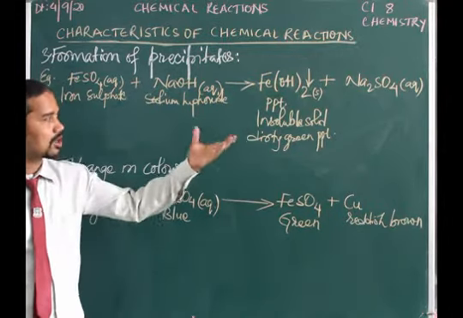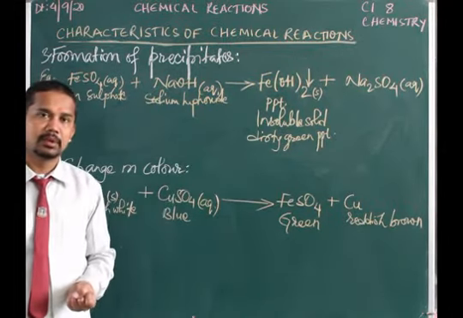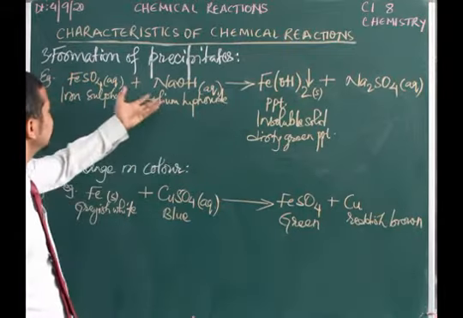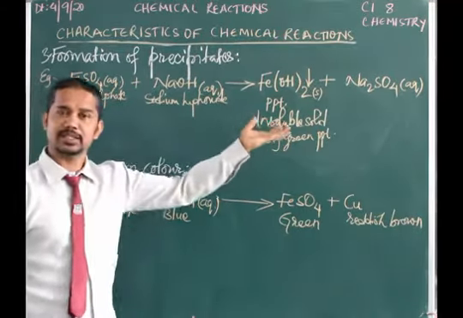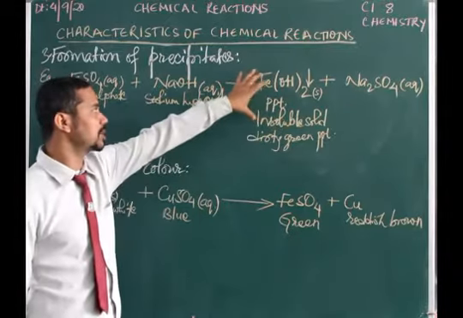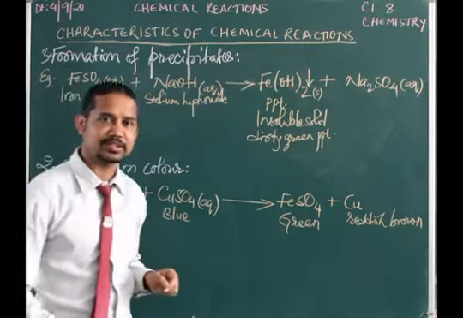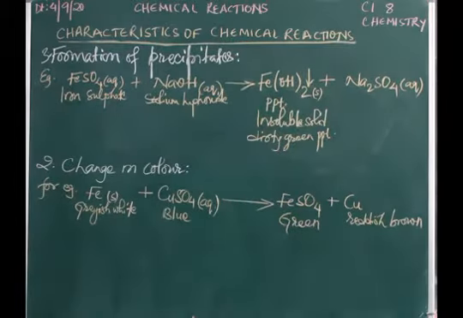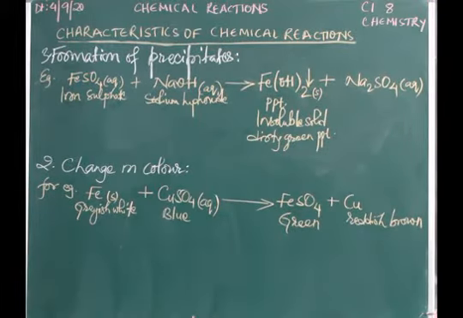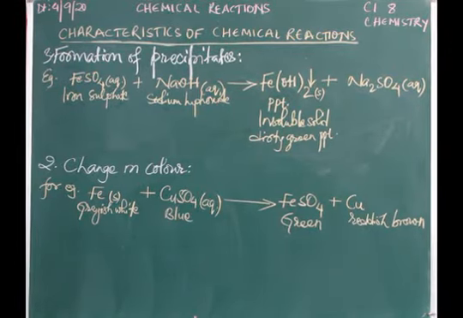A dirty green solid will be formed at the bottom, which was not there. So that means a new substance has been formed. Observing this change, we can be sure that a chemical reaction has taken place. So one of the ways to know a chemical reaction has taken place is by seeing the formation of a precipitate.